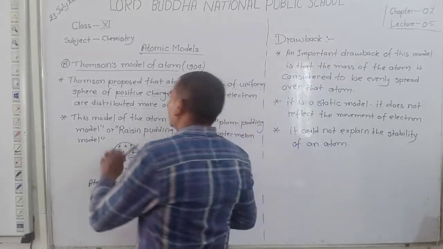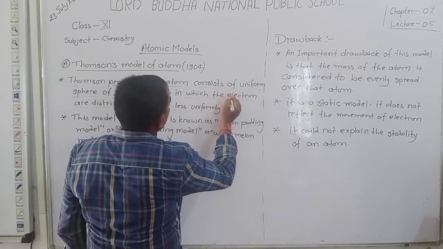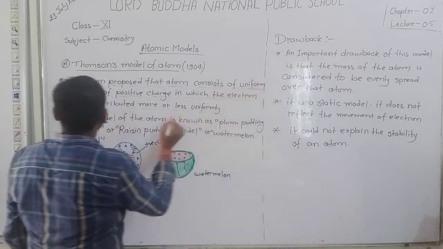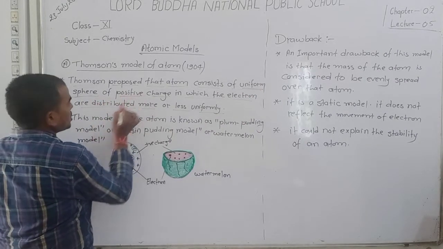Dear student, Thomson proposed that the atom consists of a uniform sphere of positive charge.